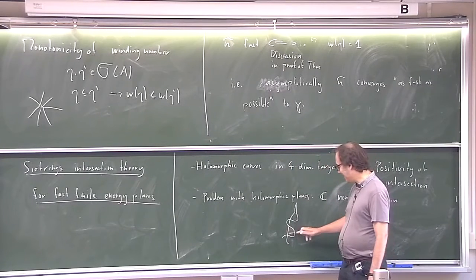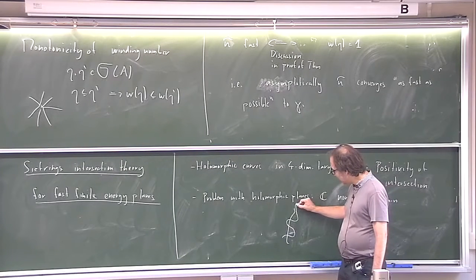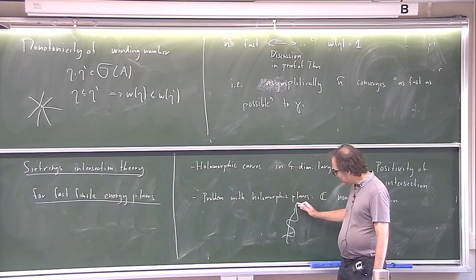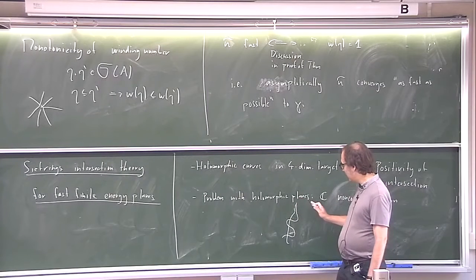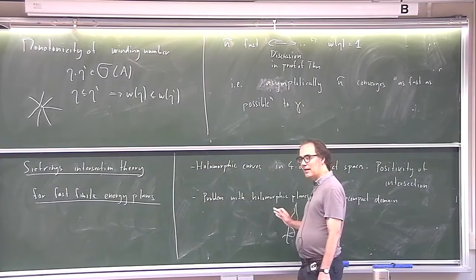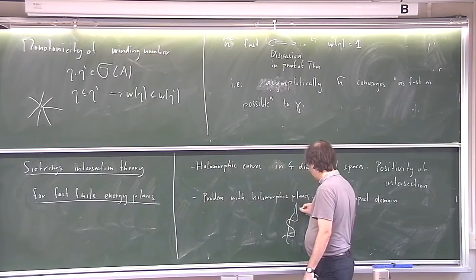You can think there are 2 planes, but if they have the same asymptotics, then asymptotically you don't know. There might be some asymptotic intersection, and so it's not clear that the intersection number is homotopy invariant.